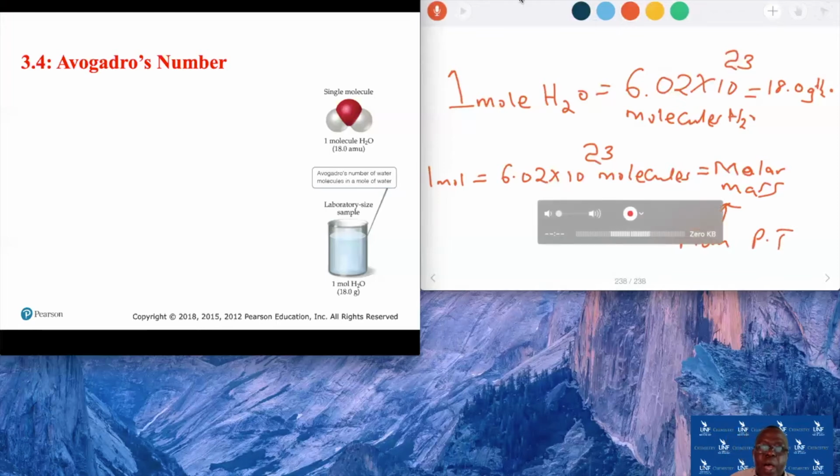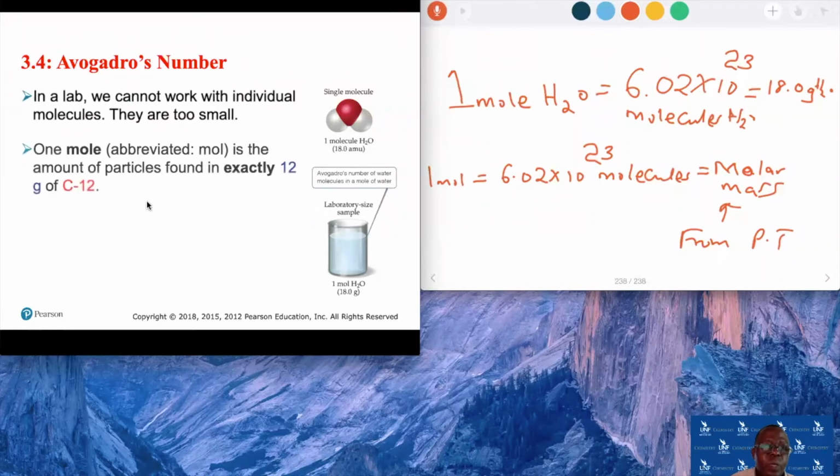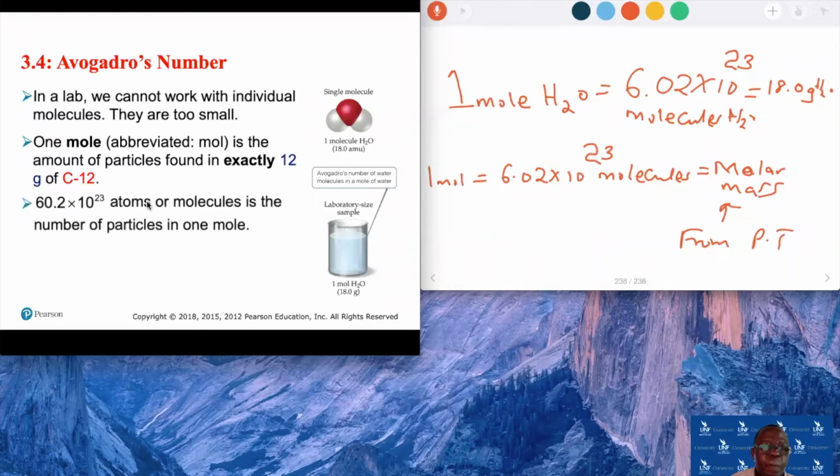If I'm not given the number of molecules or atoms, I use the periodic table. I know that for 1 mole of anything, if you add the atomic masses on the periodic table, we talk about the mole, which is the Avogadro number, and we talk about atoms or molecules.